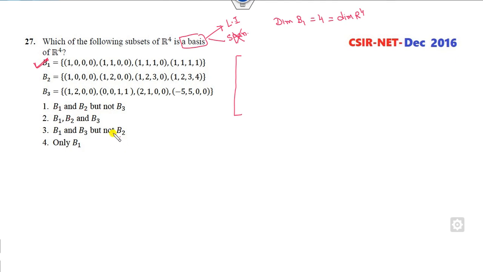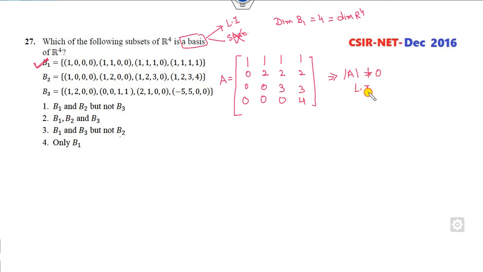Now we will check for B2. I can write the vectors as columns: 1 2 0 0, 1 2 3 0, 1 2 3 4. Clearly, if I consider this as my A, the determinant of A is that of a diagonal matrix, which is non-zero.